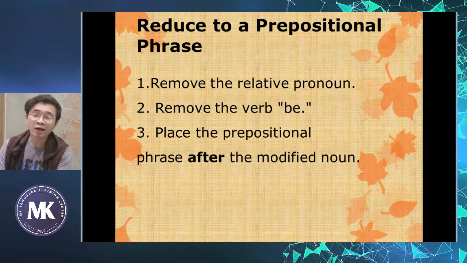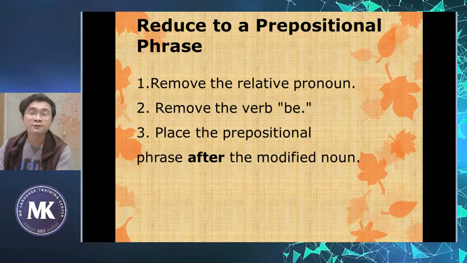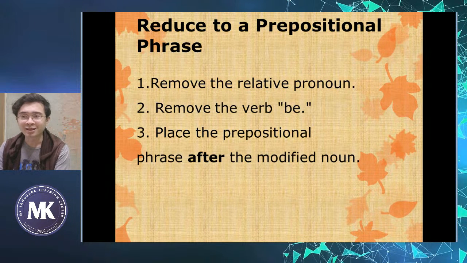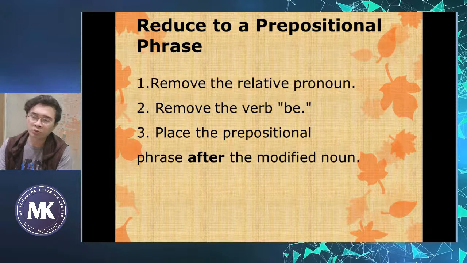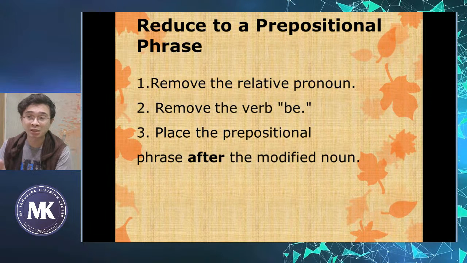Now, how do we reduce the relative clause into a prepositional phrase? First, you need to remove the relative pronoun. Generally, whenever we want to reduce a relative clause, we always remove the relative pronoun in our clause. For number two, remove the verb be also.